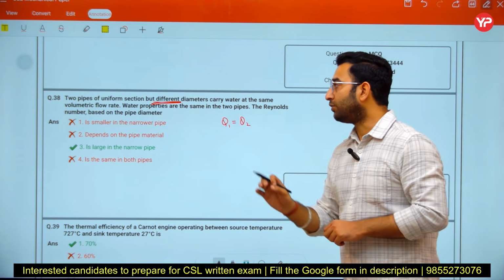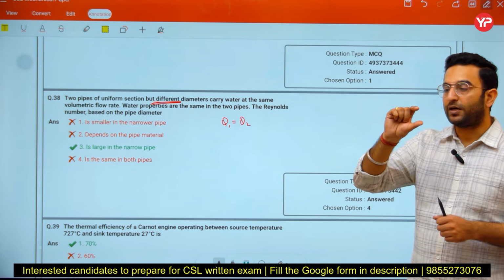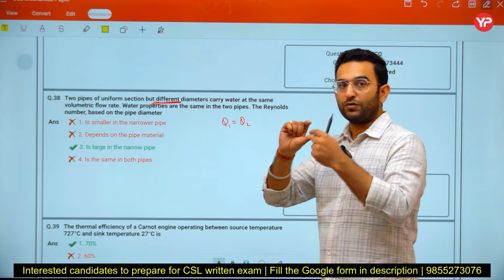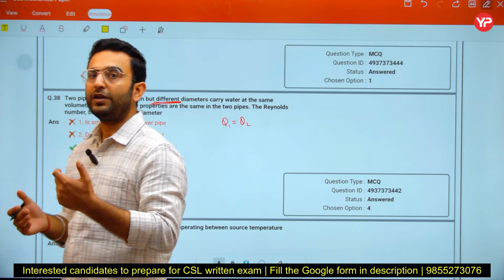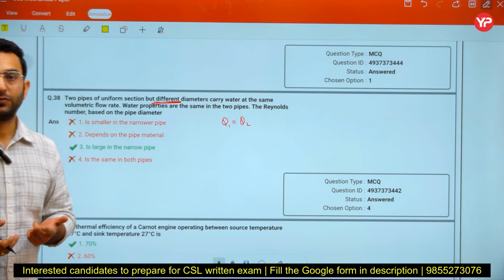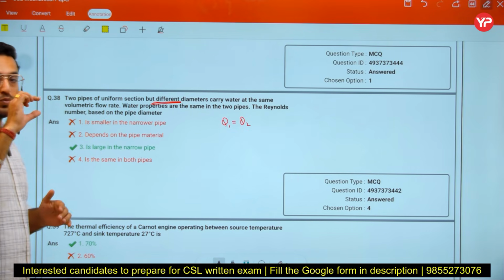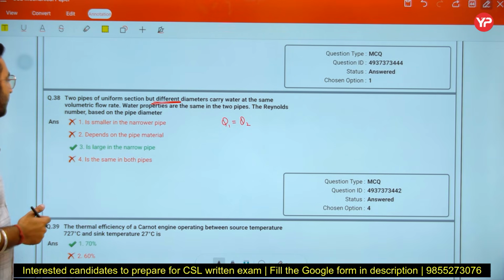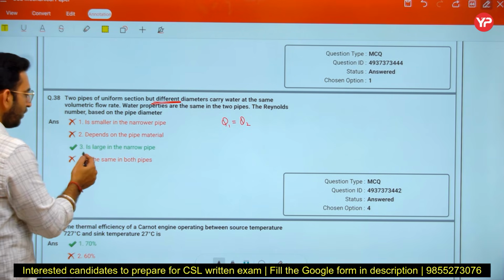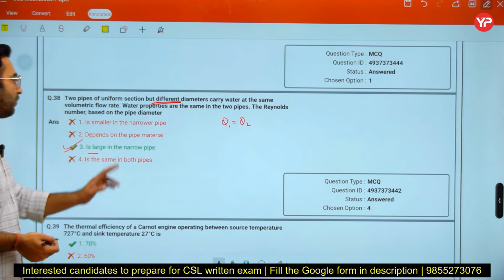The Reynolds number is based on the pipe diameter. First of all, the pipe having a smaller diameter is going to have the high velocity, and the larger the velocity of the fluid, the higher the Reynolds number. So the Reynolds number is going to be higher in the smaller pipe, and smaller in the large diameter pipe. So I can write option number C is the correct answer. The Reynolds number is going to be large in the narrow pipe here.